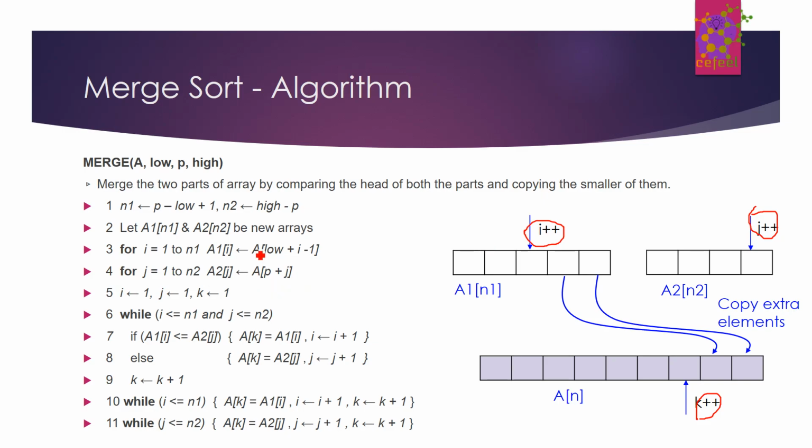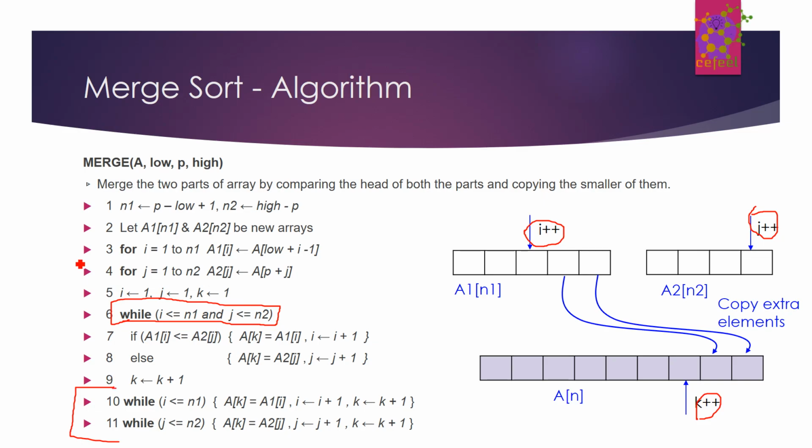But what we do here in steps 10 and 11, let's go to the algorithm now. What we see is that the previous while loop will end when at least one of them, either i or j, has reached the end of the array. Once we have reached the end of the array, we are done with that while loop.